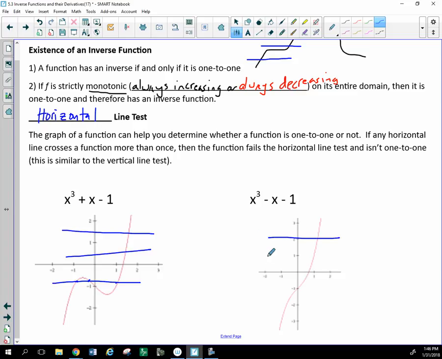Over here, horizontal line test, any place I draw a horizontal line, it only crosses once. So therefore, this one has an inverse. Since this one fails, it has no inverse here, and over here it has an inverse, and so we could find it if we needed to.